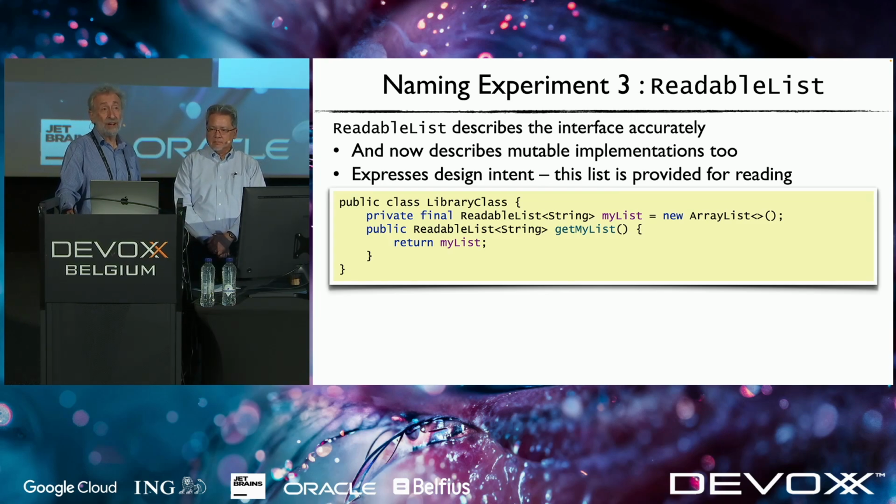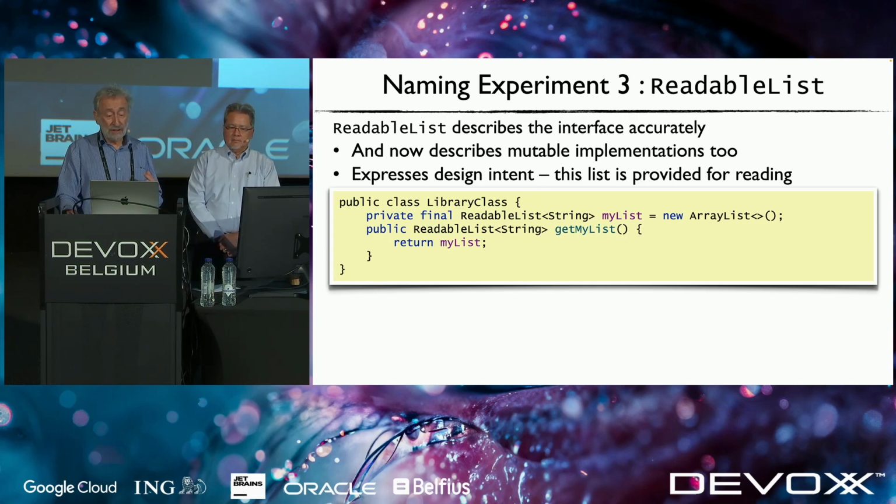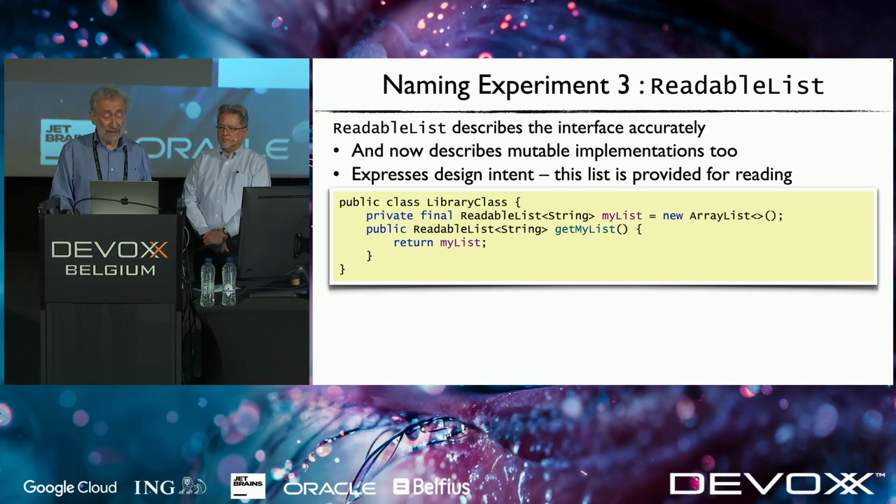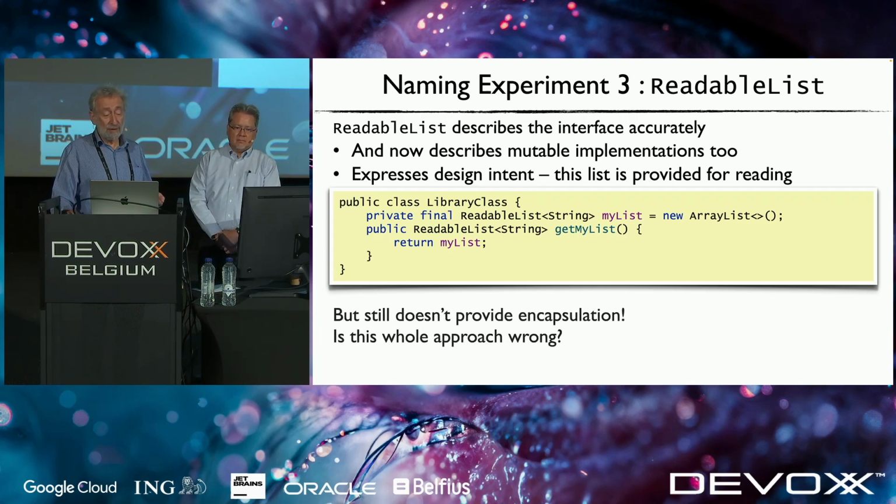And that also does describe the mutable implementations as well. So we're not kind of lying about it. An array list clearly is a readable list as well as being a mutable list. So this does express the design intent. It implies if you hand out one of these things, this list is provided for reading. So that's good. But it still doesn't provide encapsulation.